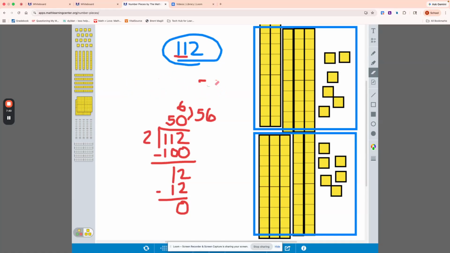Okay, so what would be the next fastest way to do it? Do you think the picture or the division I just did here? Yeah, probably the partial quotients method here would be fastest, because I used my facts to break it down into smaller division problems. The picture took us a long time. Now we still got the same answer, but it took us a while.